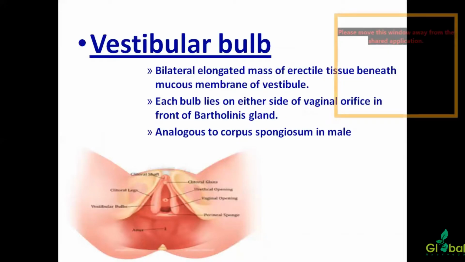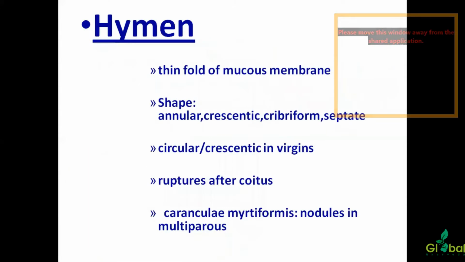The next is vestibular bulb. The vestibular bulb is a bilateral elongated mass of erectile tissue seen beneath the mucous membrane of the vestibule. It lies on either side of the vaginal orifice, in front of the Bartholin's gland, and it is analogous to the corpus spongiosum in the male.